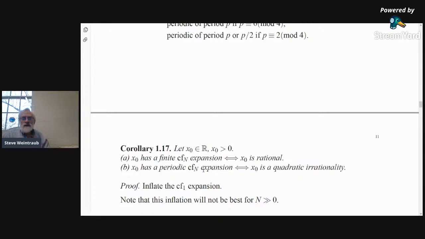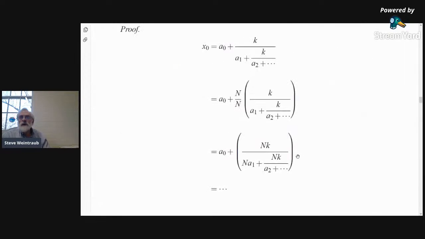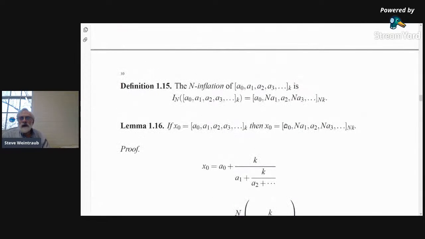But the thing we should note is this inflation will not be best if n is large enough, because remember, what do we do in inflation? We leave half of the coefficients alone and we change the other half. And remember that our criterion for being best is that each of these coefficients has to be greater than or equal to capital N, right?